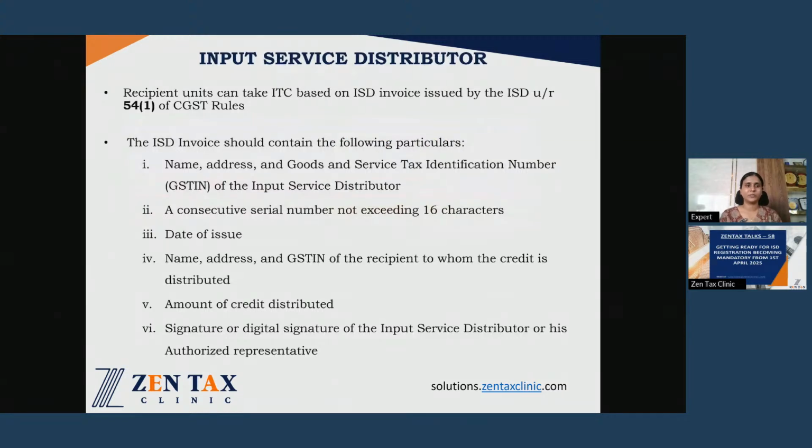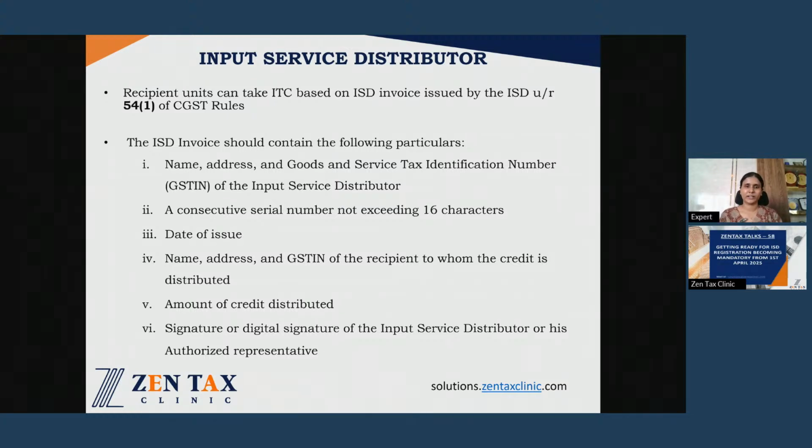Now we will see the basic rules on how the ISD invoices should be issued. To transfer the credit, the ISD should issue an invoice, that is the ISD invoice, and this invoice should be issued based on Rule 54(1) of the CGST Rules.